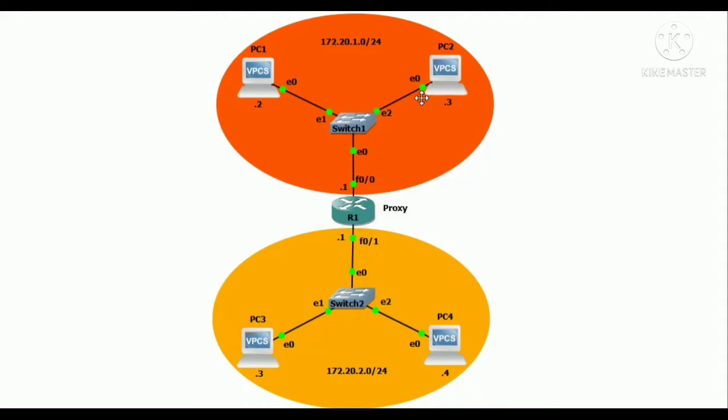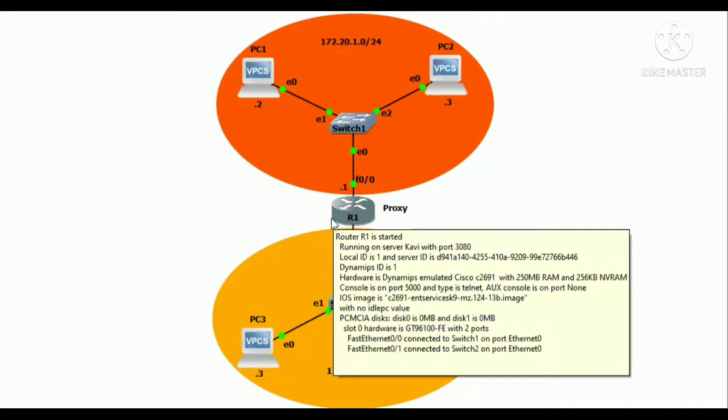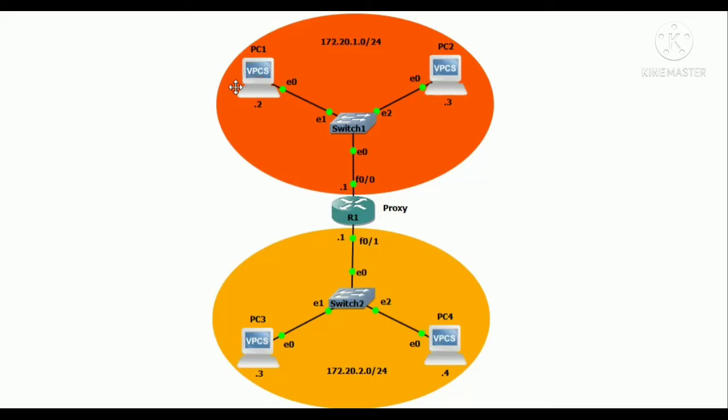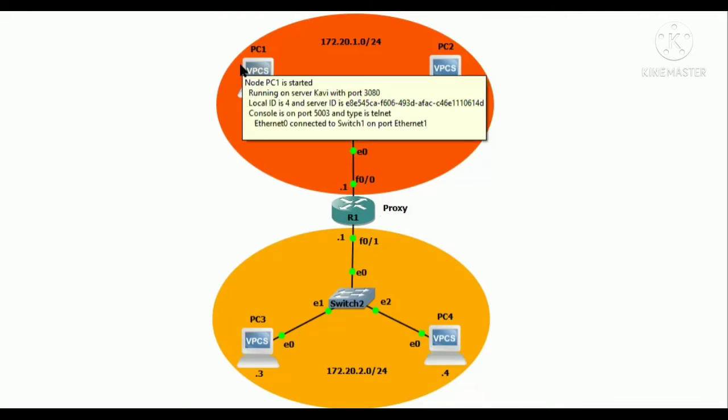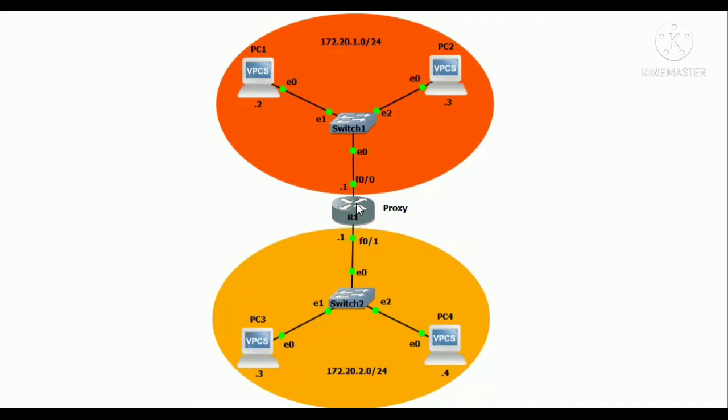But in the proxy ARP scenario, PC3 will send an ARP request for PC1. So this is proxy ARP. Router 1 will answer the ARP request, not PC1. The request sent by PC3 will not be answered by PC1, but rather by R1.